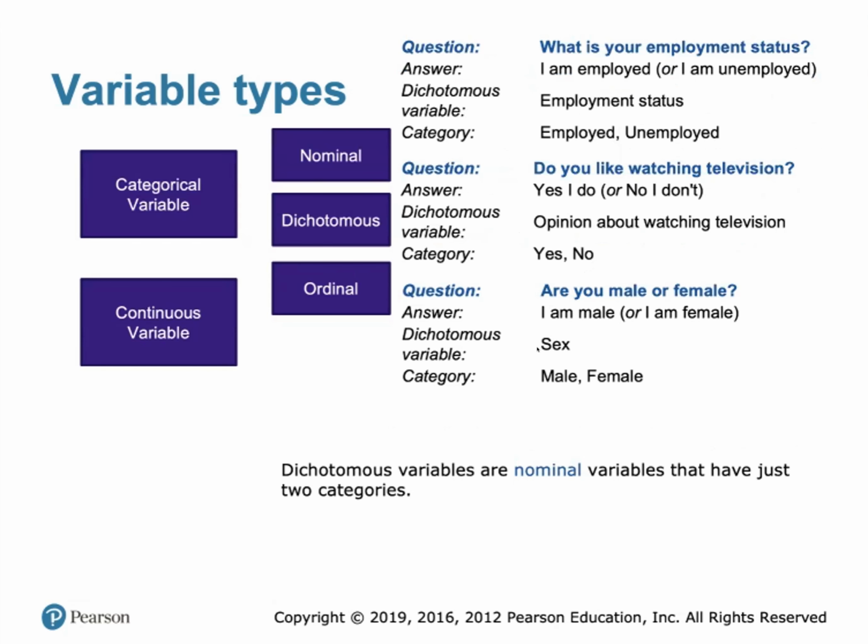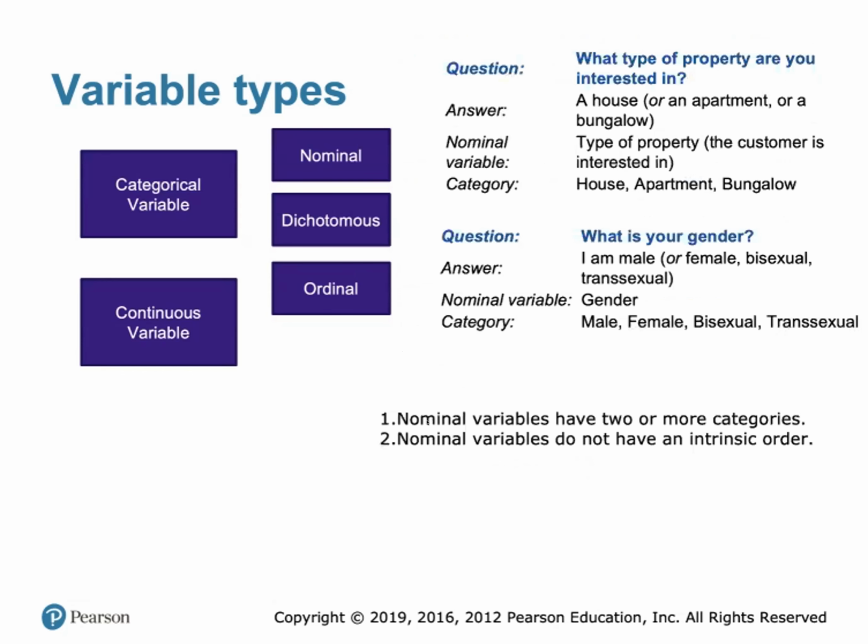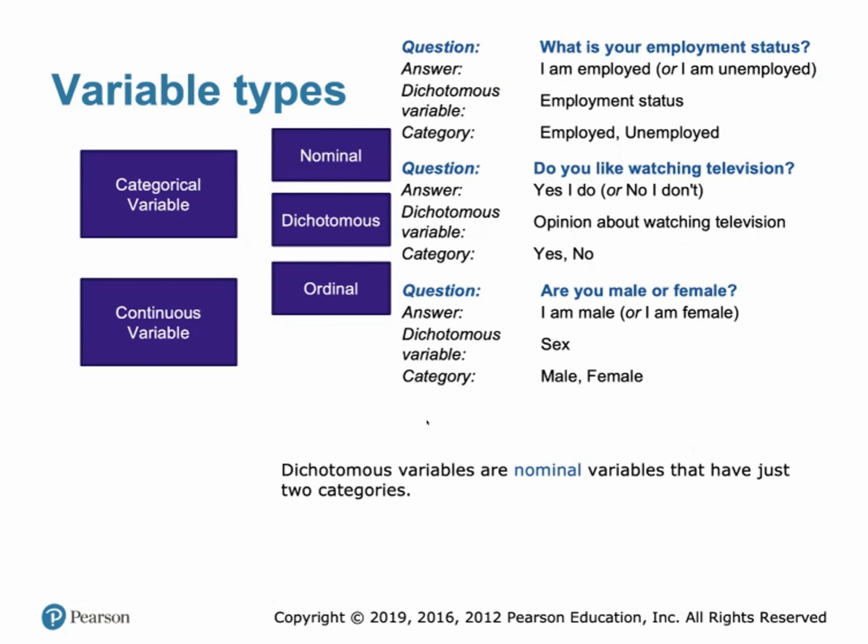This is really similar, but different. So third question, are you male or female? Previously for the nominal variable, your question was, what is your gender? And you had 4 categories, right? But here you have only 2 categories, whether you're male or female. That's an example of a dichotomous variable.